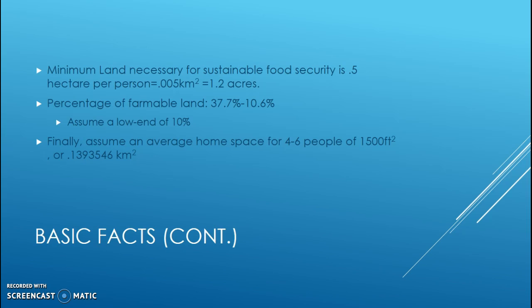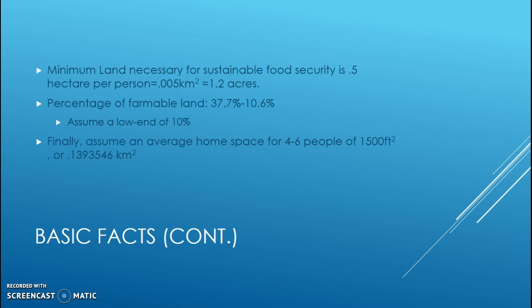Continuing with some basic facts. According to the Food and Agriculture Organization of the United Nations, and also from the Indian Institute of Science in Bangalore, the minimum land necessary for sustainable food security is 0.5 hectare per person. Now, if you look at what hectares are, they are simply 100 square ares.